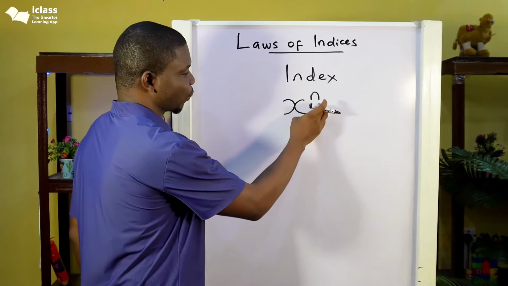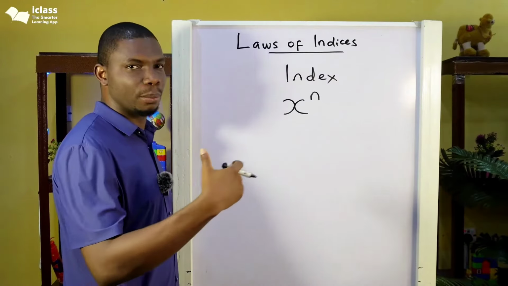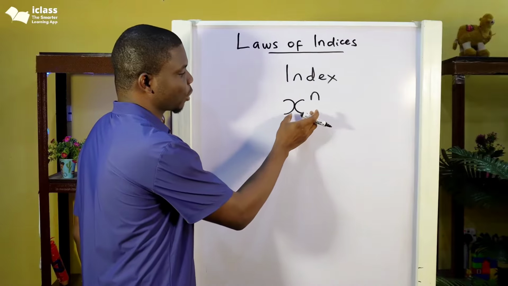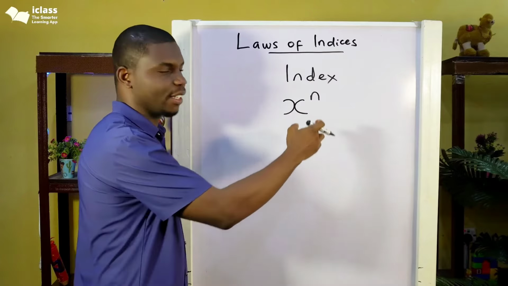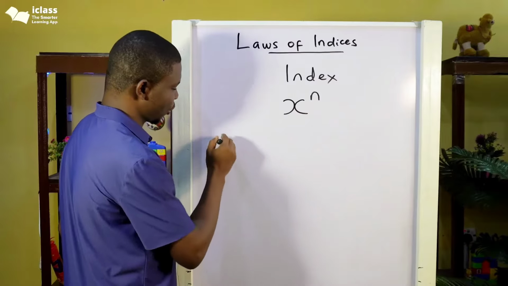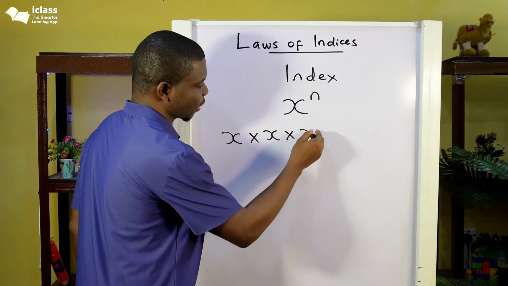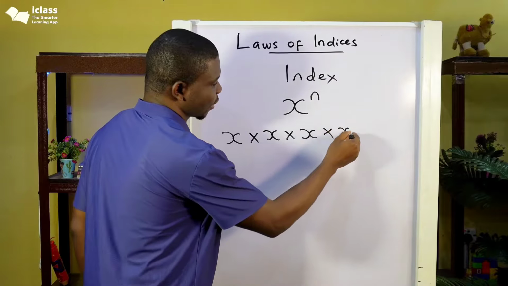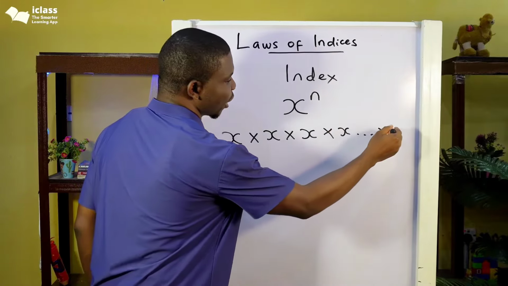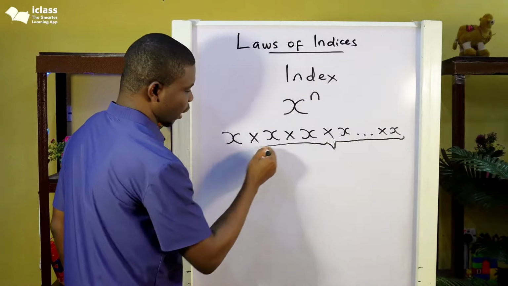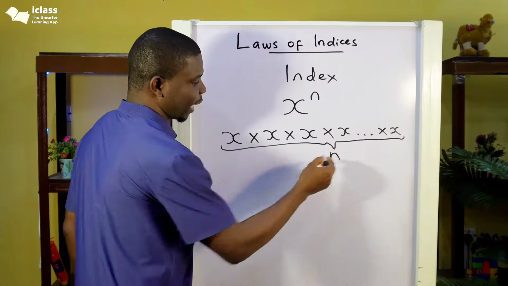This is a short form of writing repeated multiplication. What this number means is x multiplied by itself n number of times. So x times x times x times x, n number of times. So if you count the number of x here, it will be n.